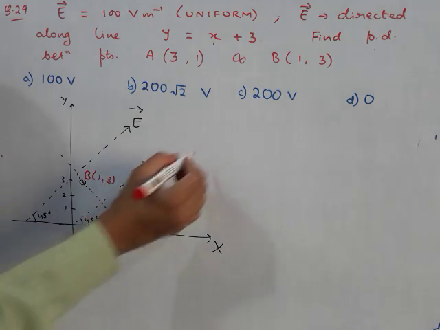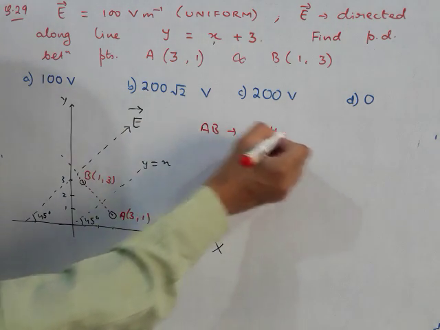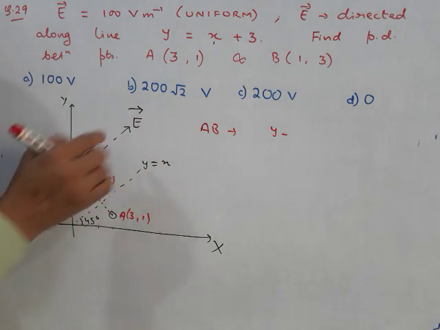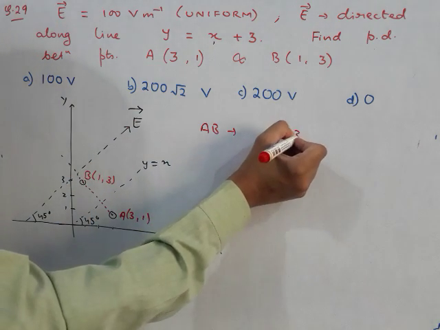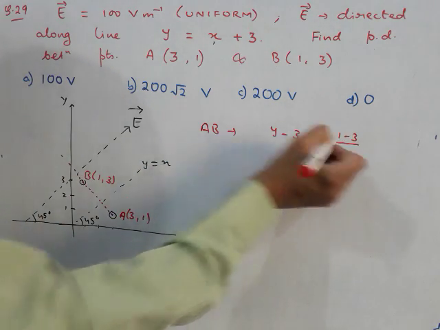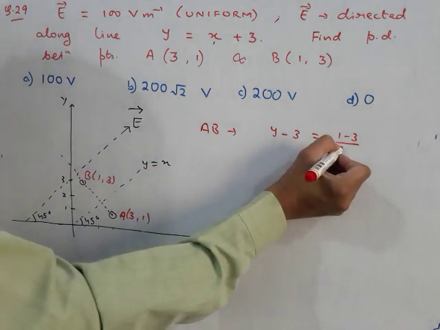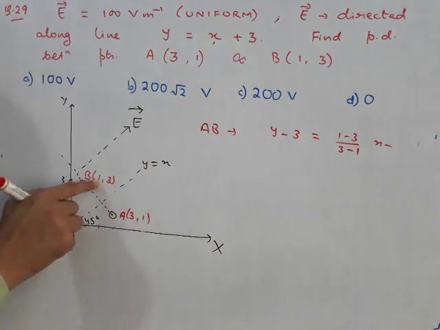The equation of this line AB: if the points are x1, y1 and x2, y2, then y minus y1 is equal to (y2 minus y1) by (x2 minus x1) into (x minus x1).